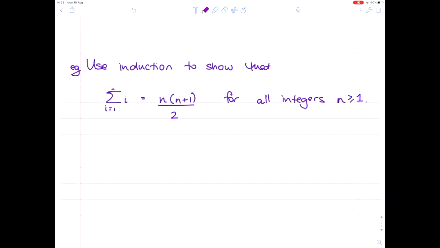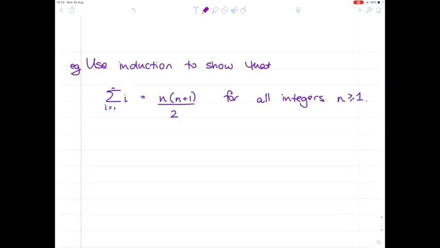So here's an example using maths rather than dominoes. We want to use induction to show that the sum of i from 1 to n is equal to n(n+1)/2 for all integers bigger than or equal to 1. So we know that we need a proposition.